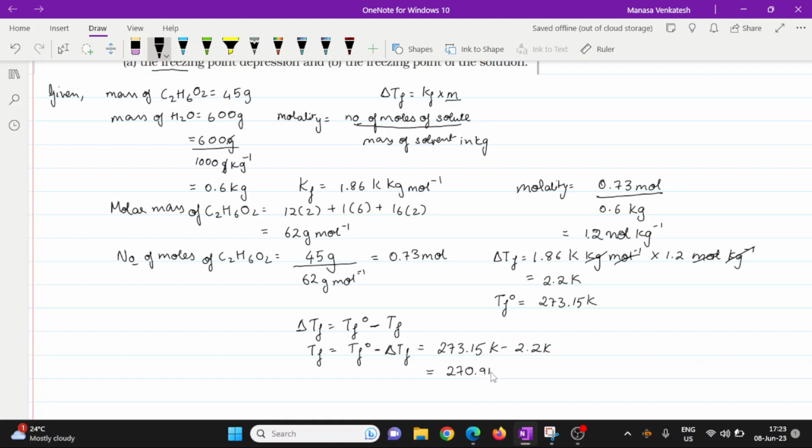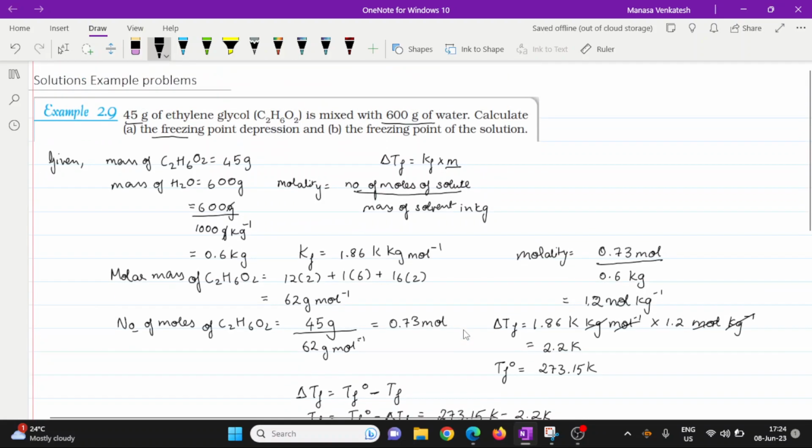270.95 Kelvin. So basically, we were supposed to calculate the depression in freezing point, as well as the freezing point of the solution. We started with the calculation of the molality, and to do that, we had to convert the mass of water from grams to kilograms because the value of Kf is in kilograms.